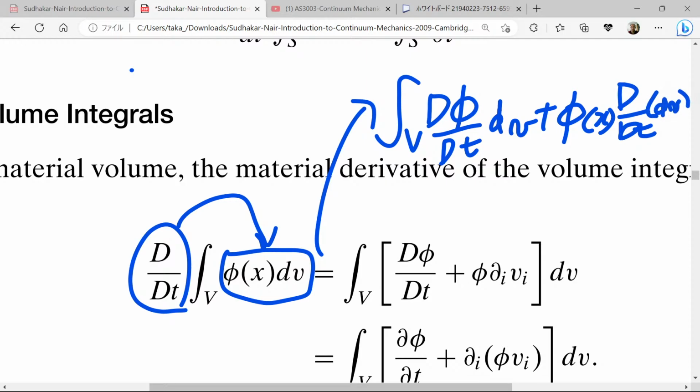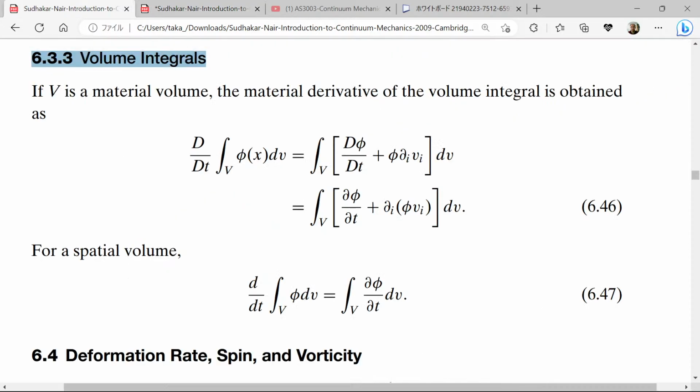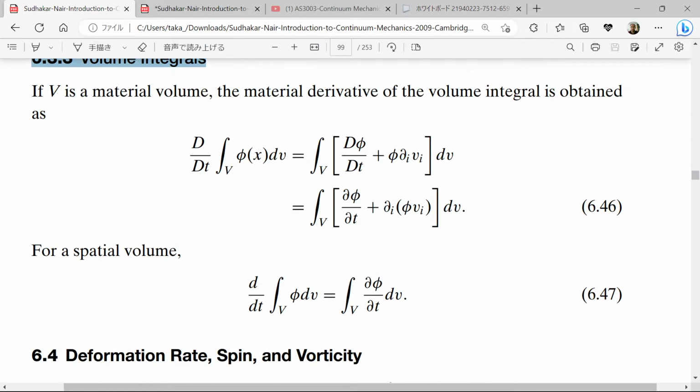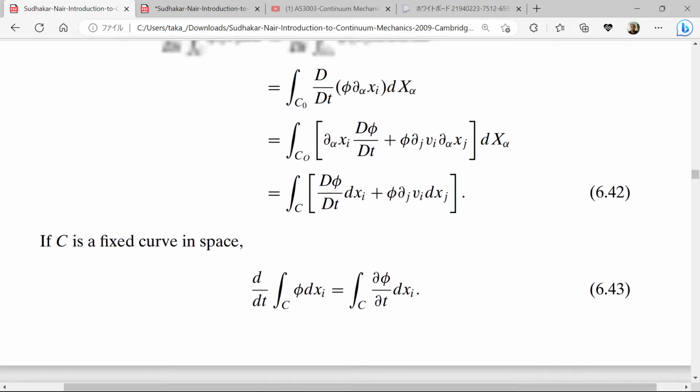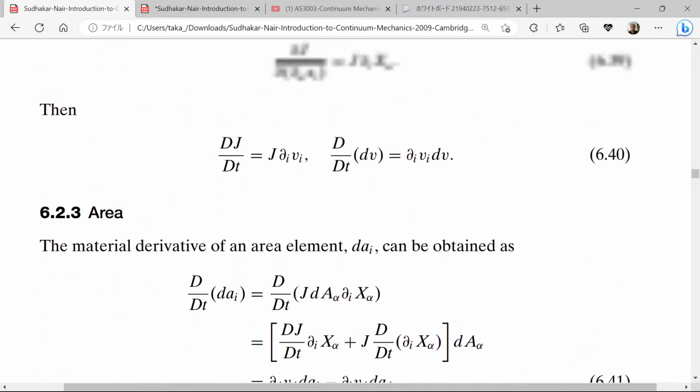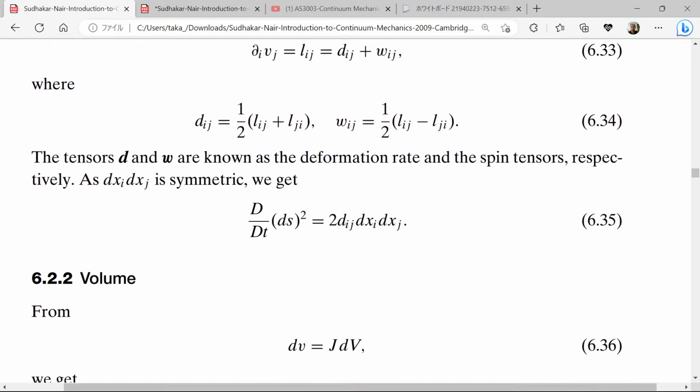This is what we have. Too bad, I screwed up. I'm sorry, I screwed up here.